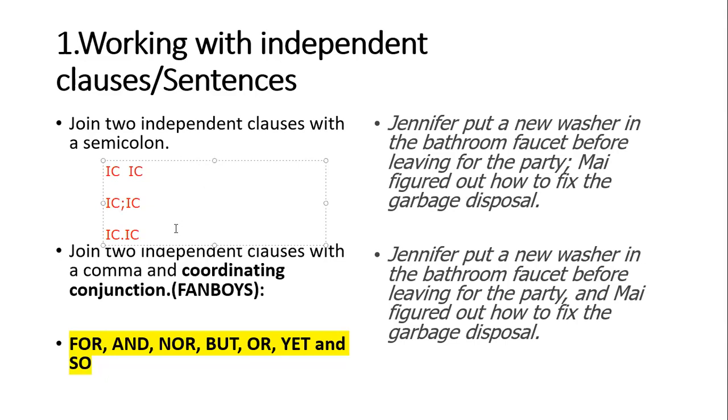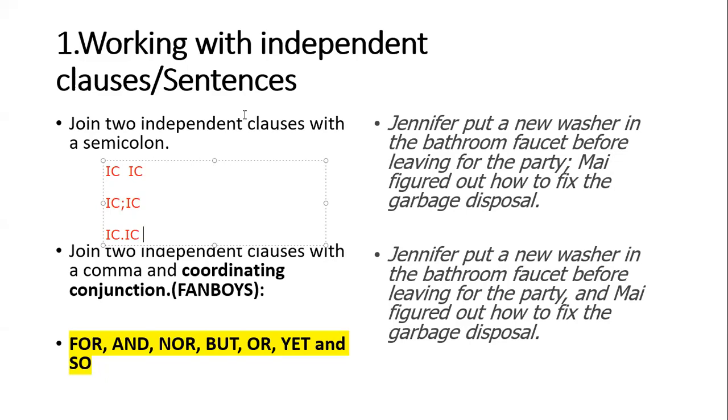Two, if you're not finding a semicolon, you have to look in the options for a period. By the way, it never happens in the SAT or other exams like the ACT that you are tested on semicolon and period in the same options, because they are synonymous with each other. How will they test you on that? But they will test on other aspects, which is usage of comma.